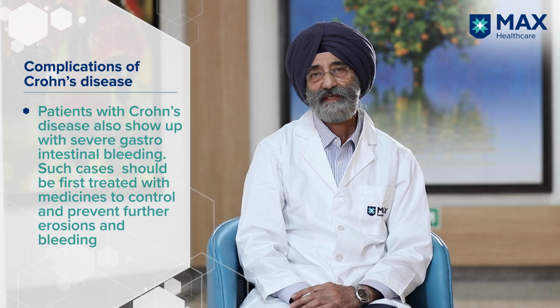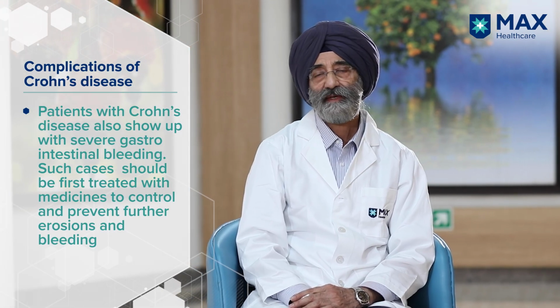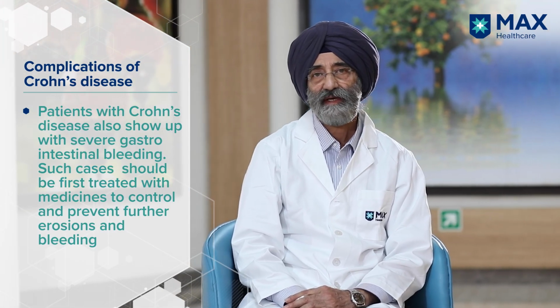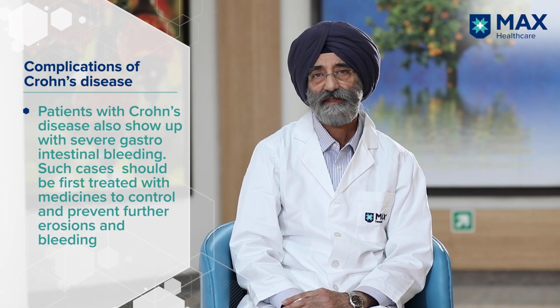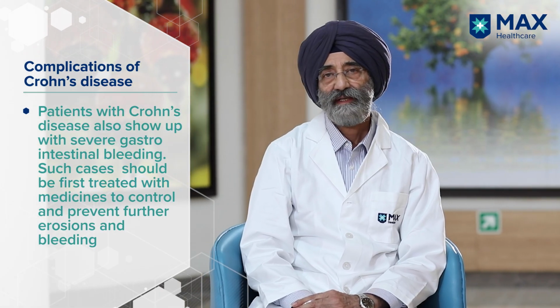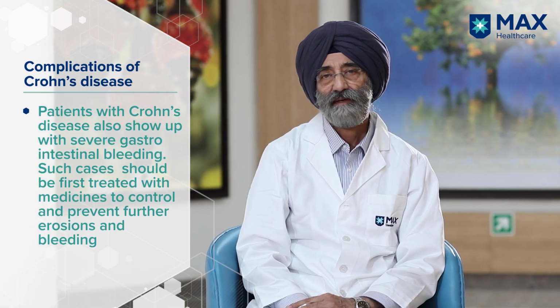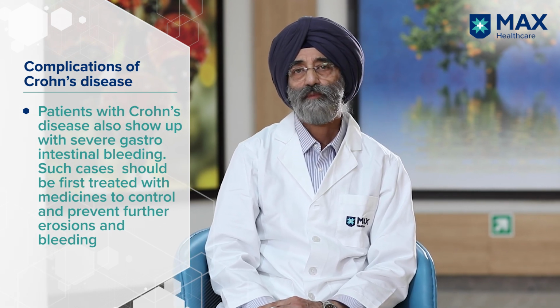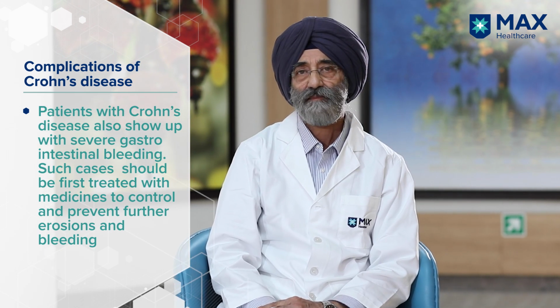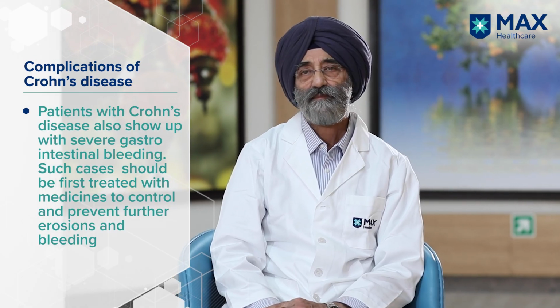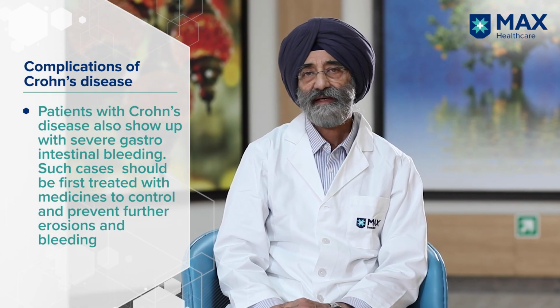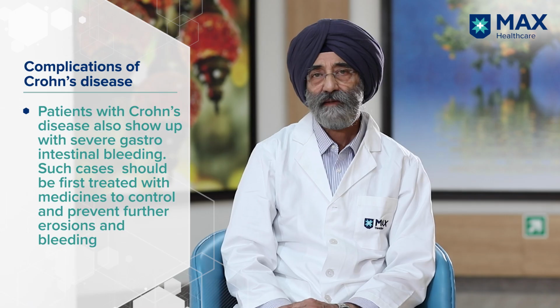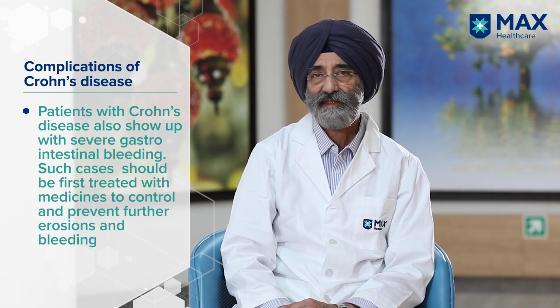Now the question is, should such persons be immediately rushed for surgery, or can they be managed conservatively? The answer is that one must try to manage conservatively and give medicines to prevent further erosions and bleeding, and these kinds of patients, like those with intestinal obstruction, often end up being successfully managed without having recourse to urgent surgery.